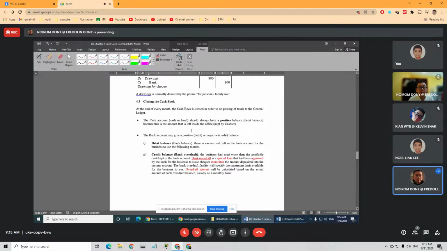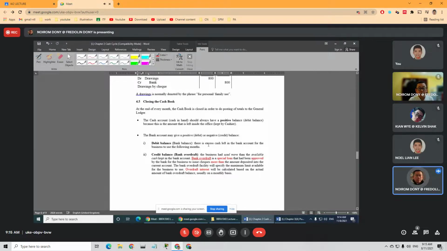But the bank account is different because of the bank overdraft facility. If we have a debit balance, meaning there is excess cash left in the bank account, the business has money in the bank account to use the following month.